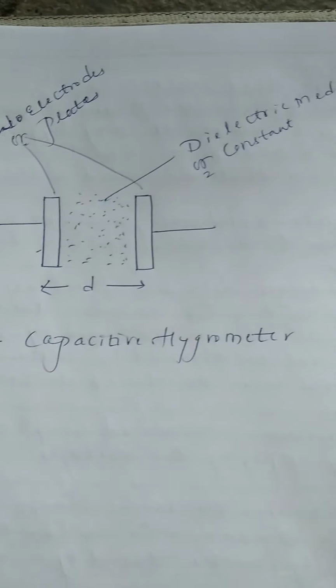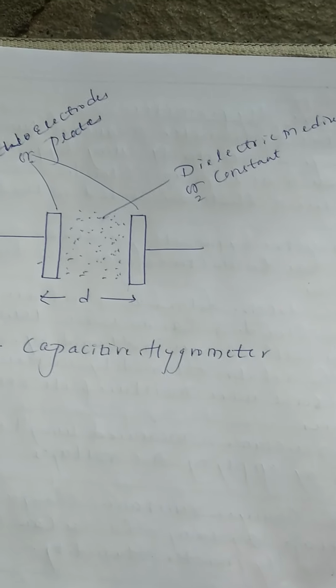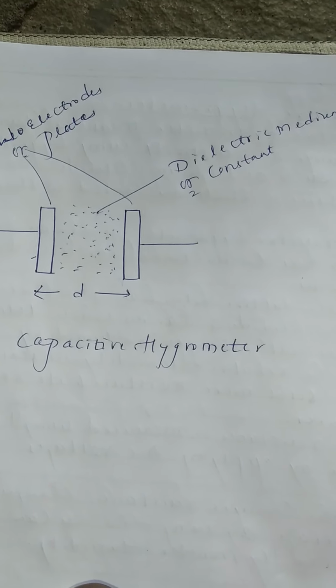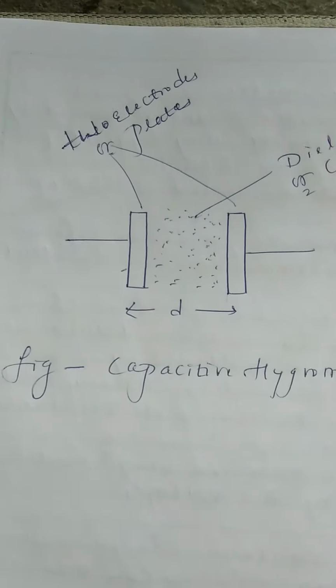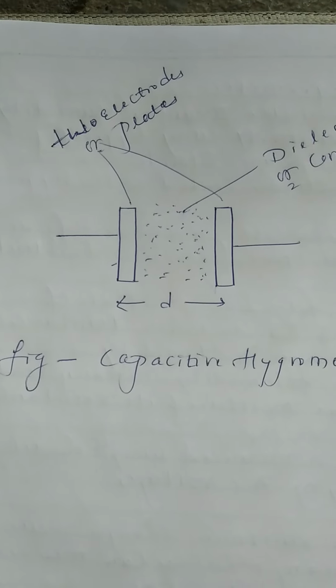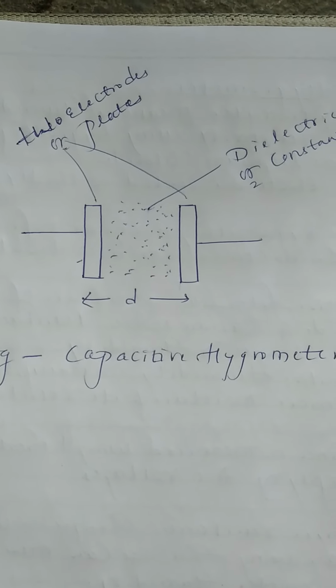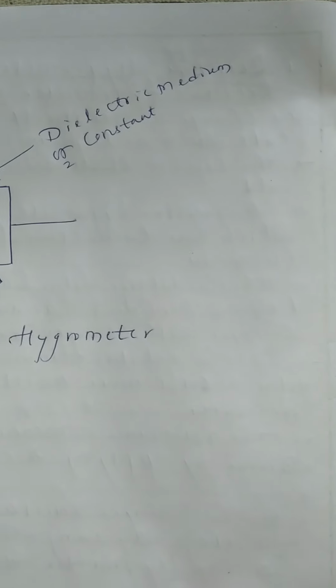The output signal of this oscillator is heterodyned with a signal of another oscillator of a fixed frequency in a beat frequency oscillator. The output of the beat frequency oscillator is the difference frequency, which is directly proportional to the relative humidity. The response time of this hygrometer is 1 second.